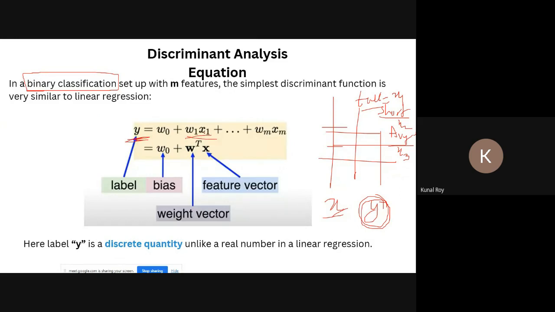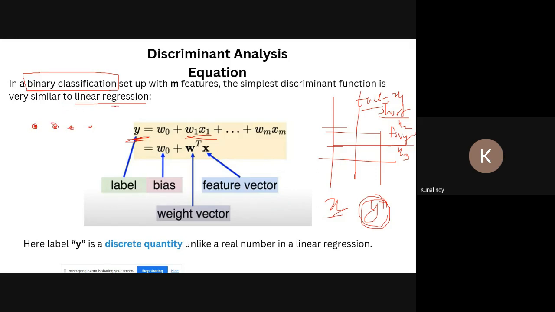Now what is w? W is nothing but the weight. As I think you have studied linear regression, it is just acting like a linear regression. Each independent variable has a particular weight. Now this weight can be anything.